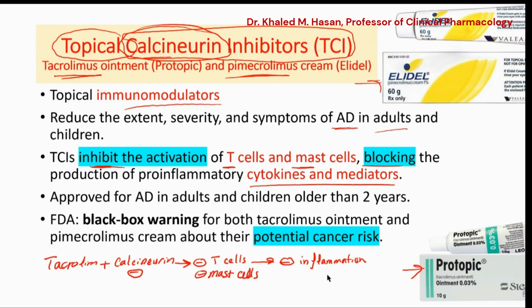Inhibiting calcineurin leads to a cascade at the end. The only thing here is that this medication has a black box warning. Some studies suggested increased risk of cancer, but we need to look at the percentage with the ointment or cream. Keep it in mind, but it's not our keyword.